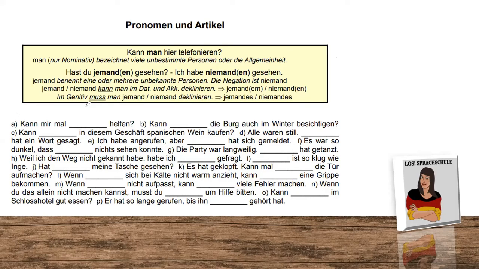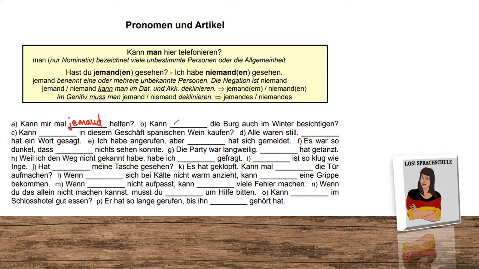It's a good exercise. First one, kann mir mal jemand helfen? Can somebody give me a hand? Can somebody help me? Of course, we do not talk about many uncertain people, right? We need help from someone we know or someone who's relevant or there.